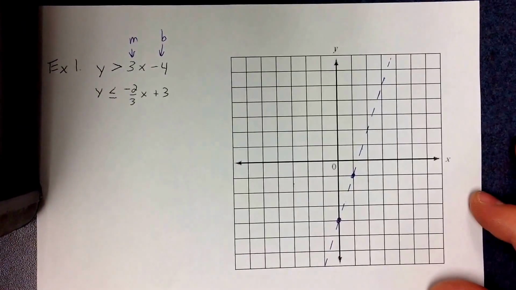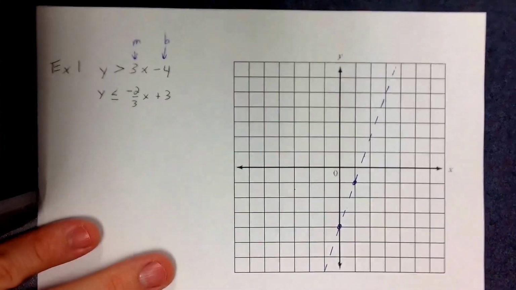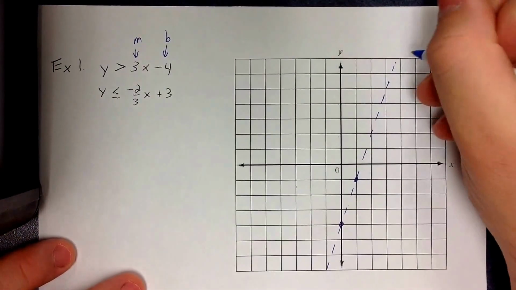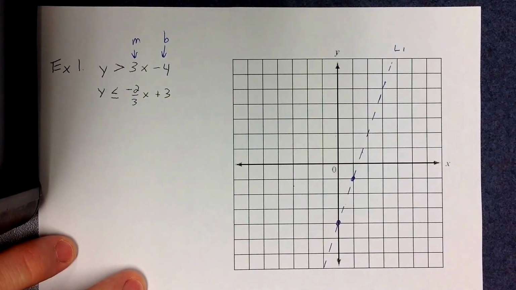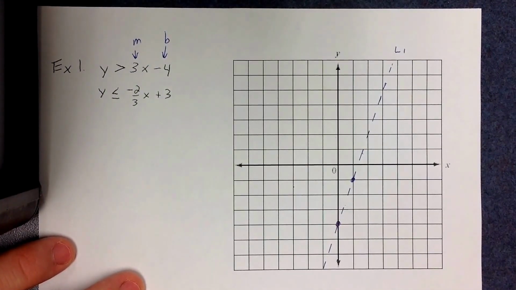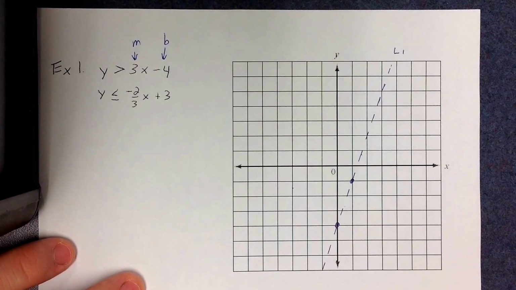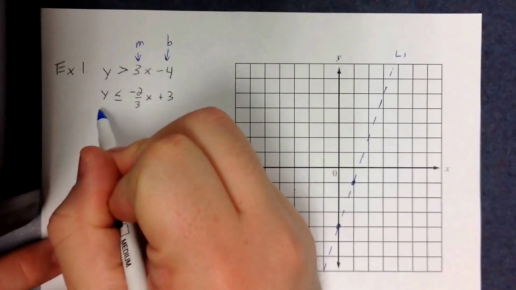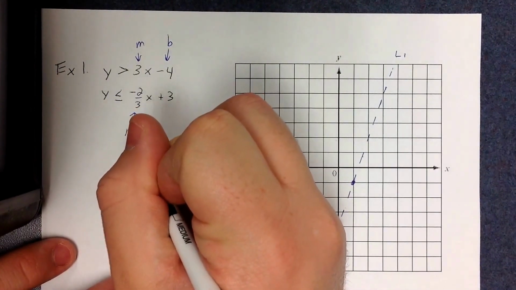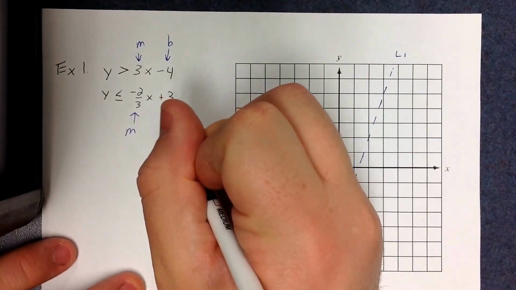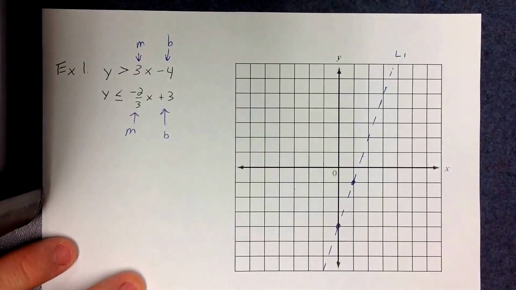Now, we'll get to the shading in a second. What I like to do is label this as L1 because it's the first line that I drew, so I can remember when I talk about shading. The second line, again, the y is by itself, so it's in slope-intercept form. So negative 2/3 is my m, positive 3 is my b.